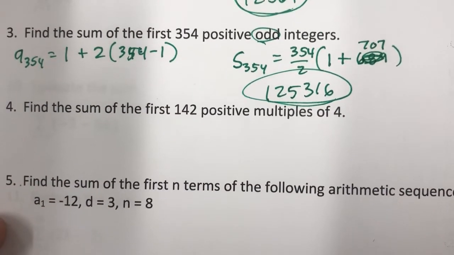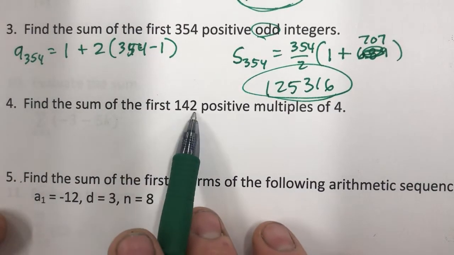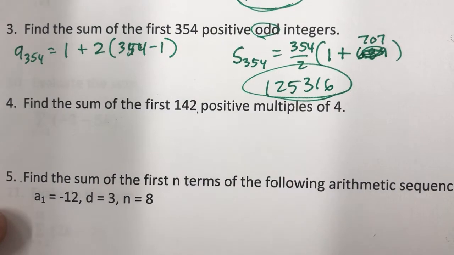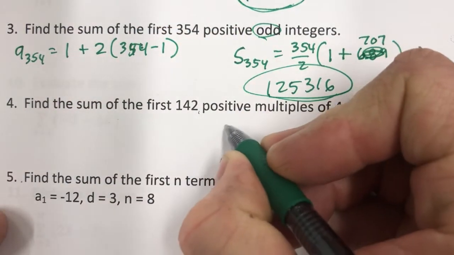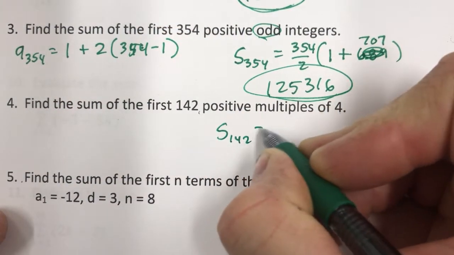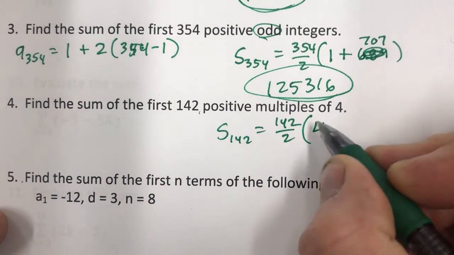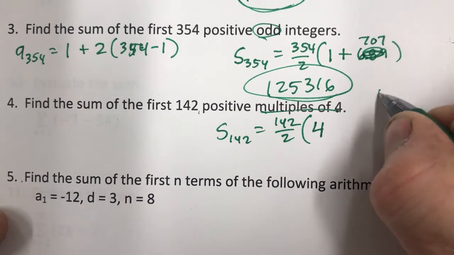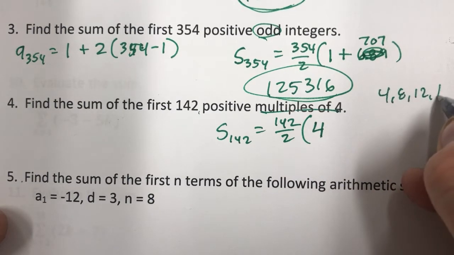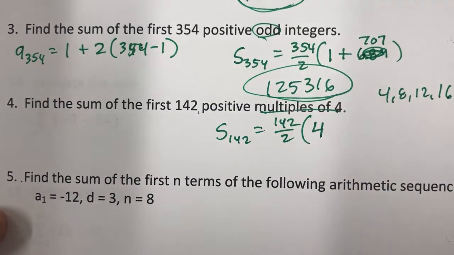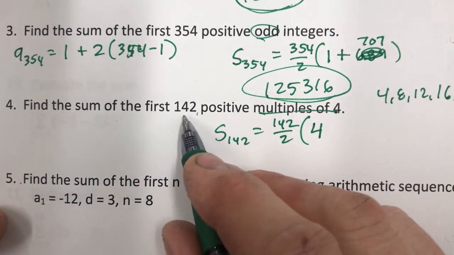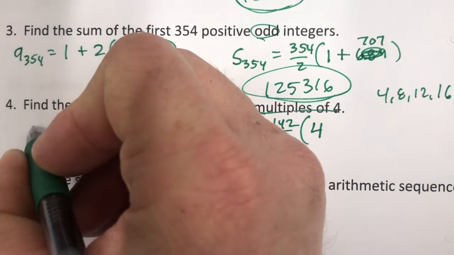Okay. The next one says find the sum of the first 142 positive multiples of 4. All right, so the sum of these 142 numbers is going to be 142 divided by 2 times the first one, which is 4, and multiples of 4, like 4, 8, 12, 16, 20, and so on. But the 142nd one, I don't know what that is, so I need to come over here now.